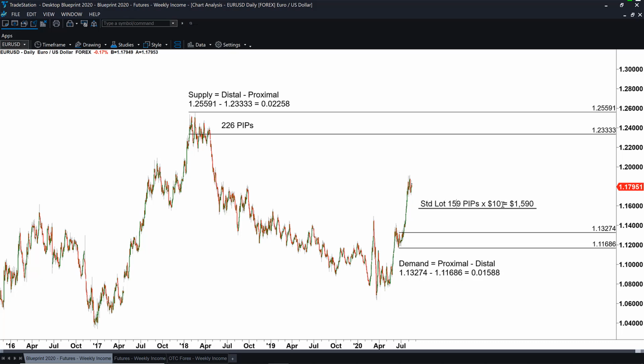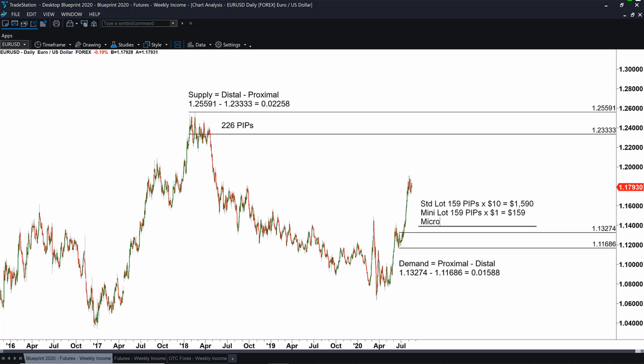This would be quite a lot, but that's why we have a mini lot and a micro lot, because now with a mini lot, all of this becomes 159 pips times $1. So then this would become $159. Maybe $159 is still intermediate.